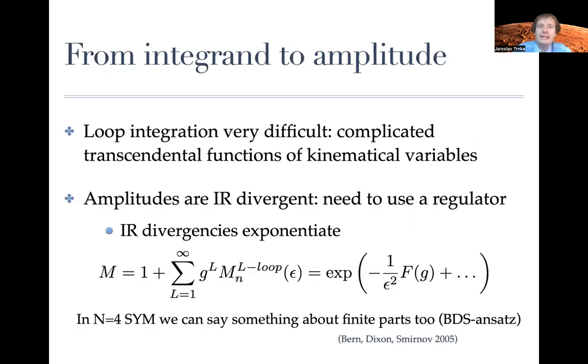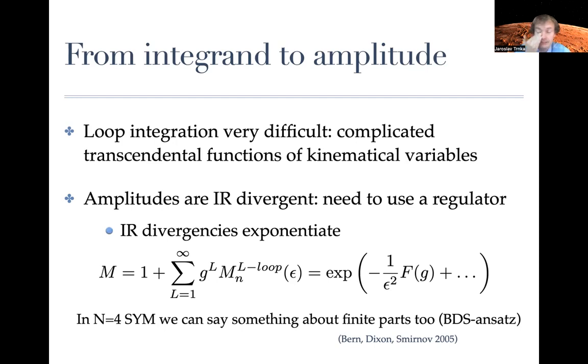Okay. Now, the loop integration is very difficult. We get some complicated transcendental functions. The amplitudes are IR divergent after we integrate, so we have to use a regulator. But there is something simple about the IR divergences because they exponentiate. So if we write an amplitude in this way and we integrate, it depends on the regulator.